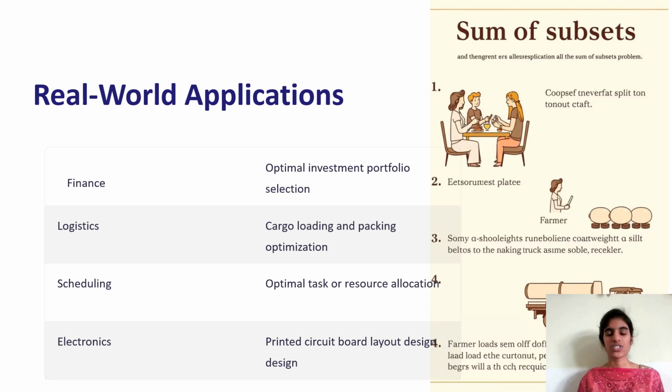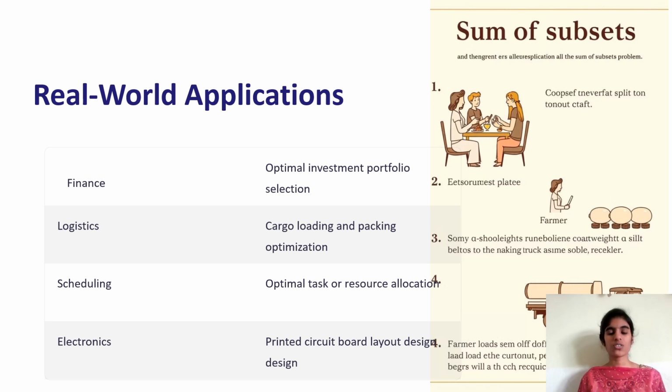Real world applications. The real world applications of this problem are finance, logistics, scheduling, and electronics. Let us know one by one. Finance: optimal investment portfolio selection. It is leading nowadays. Logistics: cargo loading and packing optimization.